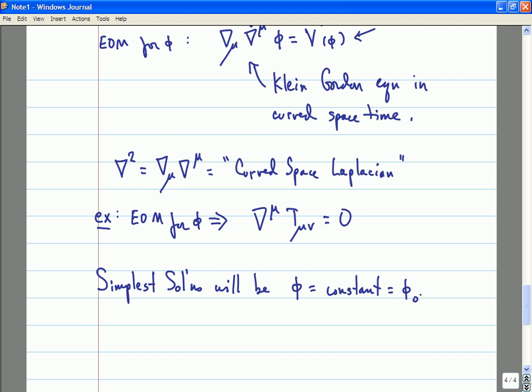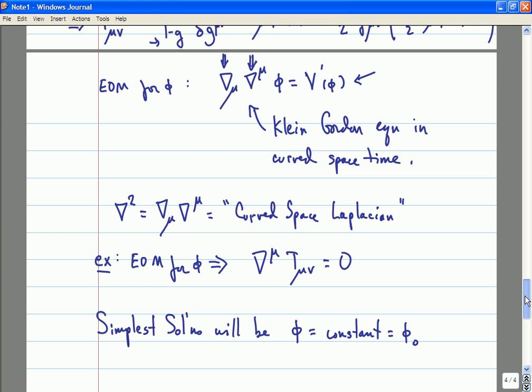And you can see by looking at this Klein-Gordon equation right here that that will be a solution to the equations of motion when phi naught is a minimum of the potential V. So V prime of phi naught is equal to 0.